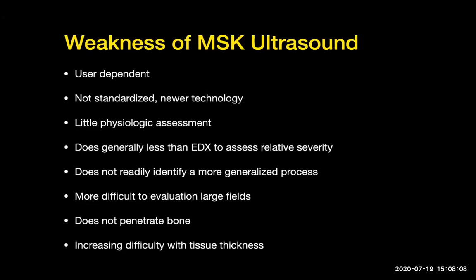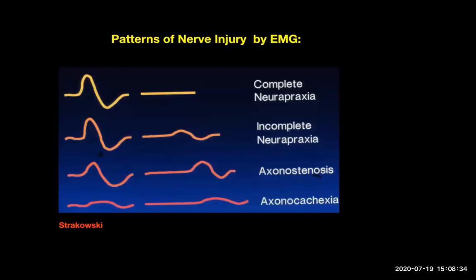So if the lesion is beyond the bone area, we wouldn't be able to diagnose it because it cannot penetrate beyond that bone. And of course, there is attenuation with tissue thickness. So if the tissue that we're looking at is very deep or very thick, then we might not be able to really appreciate the entire lesion that we're looking at. And so those are the weaknesses of using MSK ultrasound.